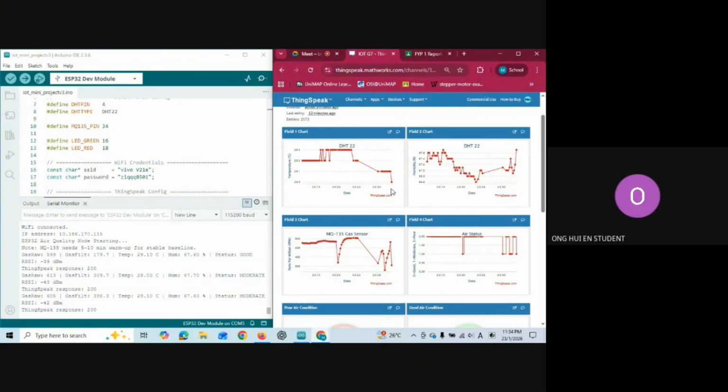This is because of the platform rate limit, as we are using free ThingSpeak, which is 15 seconds.